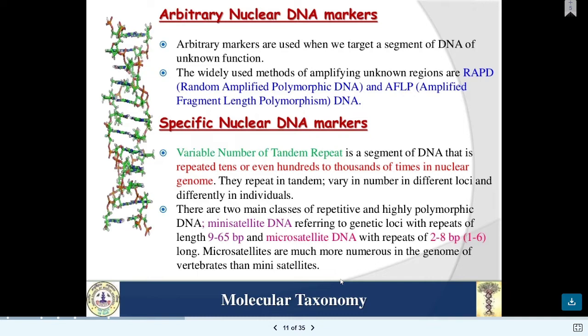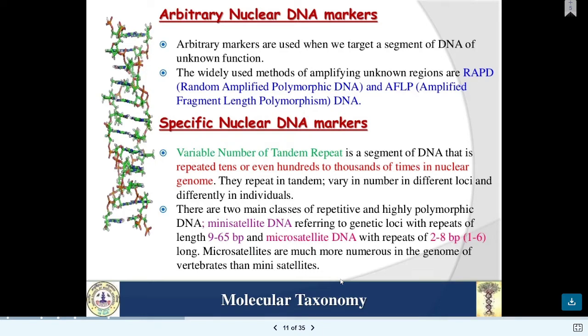There are two main classes of repetitive and highly polymorphic DNA. Minisatellite DNA is one other type of specific nuclear DNA marker. It refers to genetic loci with a repeat of 9 to 65 base pairs, and microsatellite DNA with repeats of 2 to 8 base pairs, which is very small.